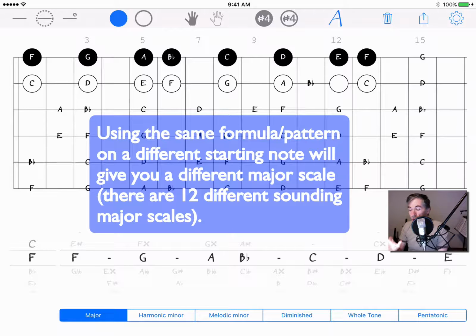See, so it's altered. Okay, so that formula, no matter where you put that starting note, which is this guy, wherever you put that starting note, as long as you adhere to this formula that you see on the top line, you will always get the correct major scale.